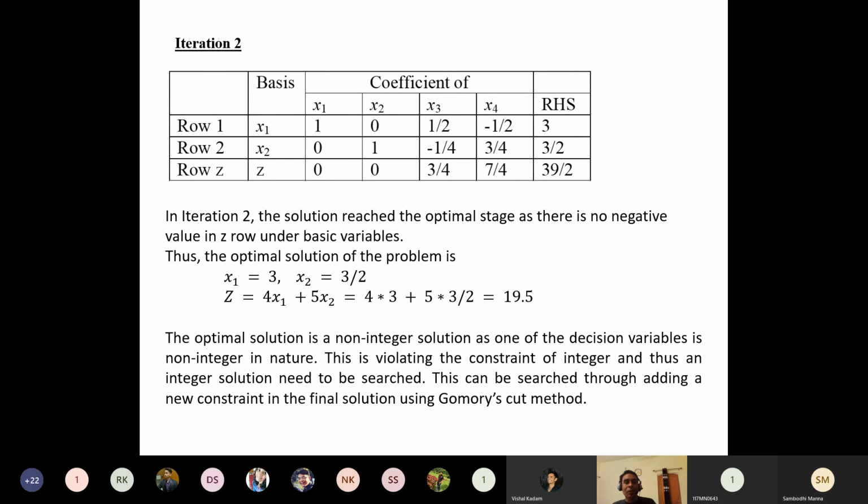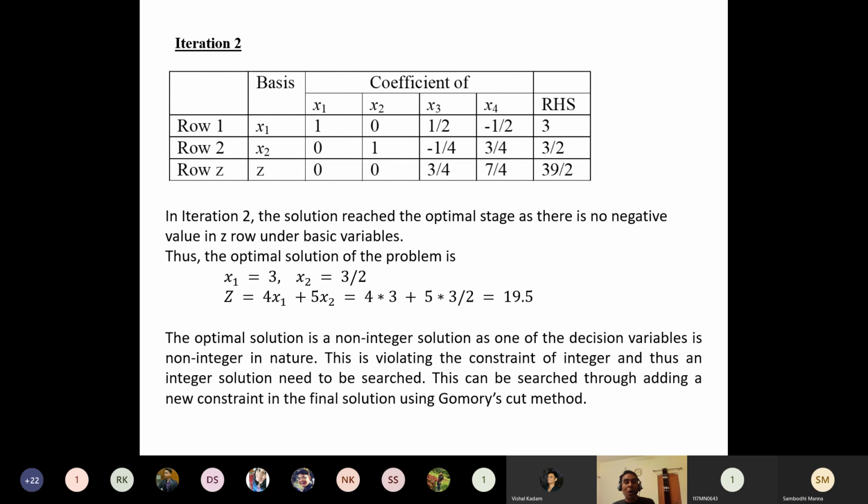If we have to search now for an integer solution, with all the decision variables as integers, this violates the integer constraint, and thus an integer solution needs to be searched. So we will apply here the Gomory cut method, and in this method we add a new constraint, a new cutting plane, to the original problem, and then we search for an integer solution.